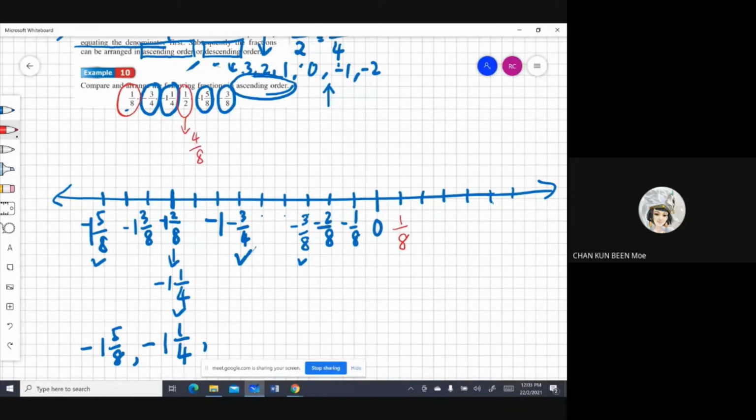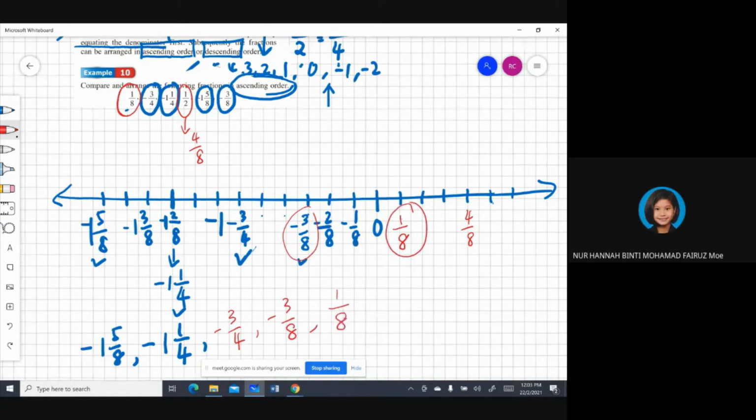So after negative 1, 1 over 4, it will be negative 3 over 4, followed by negative 3 over 8, followed by 1 over 8, followed by 1 over 2.